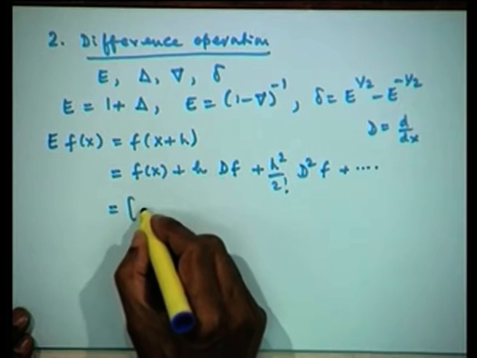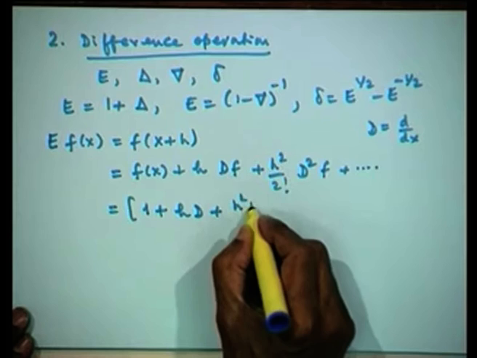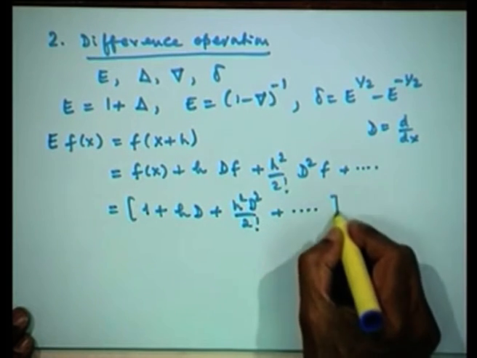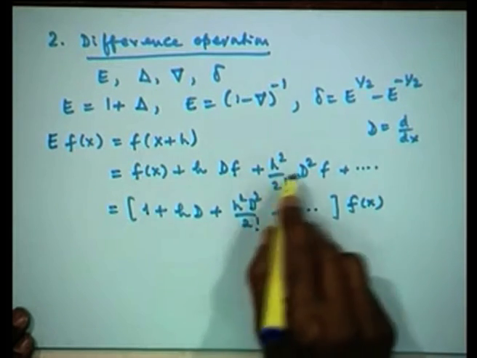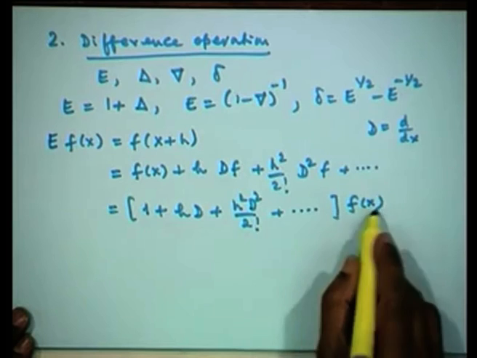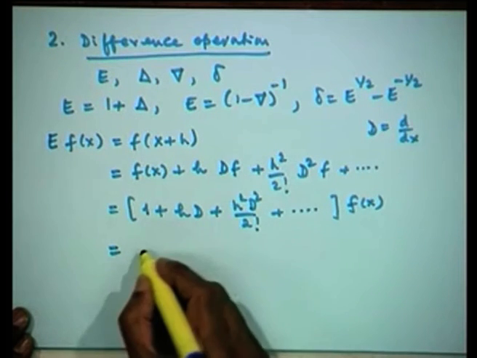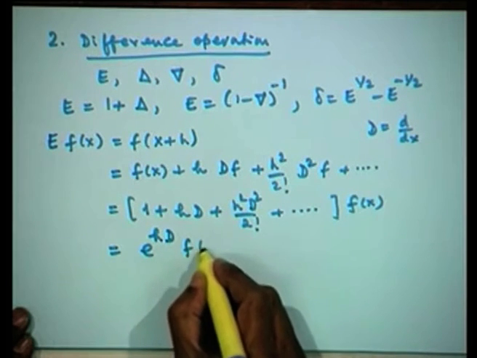I will now write this as 1 plus h d, h square d square by factorial 2 and so on, operate on f x. So, I have taken the f x on to the right, so that I operate on f x this particular operator, and this symbolically I can write as exponential of h d, operate on f x.